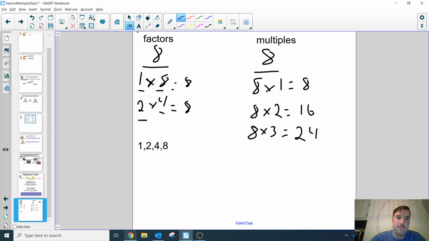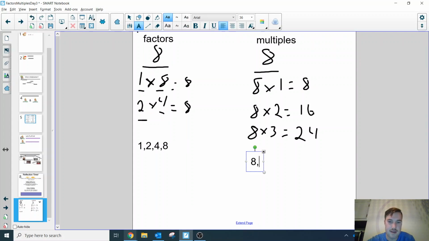So my multiples of 8 would be 8, 16, and 24. These are not all the multiples because I keep on going. 8 times 4 would give me 32. So 32 would be a multiple because I can multiply 8 times something to get that number.